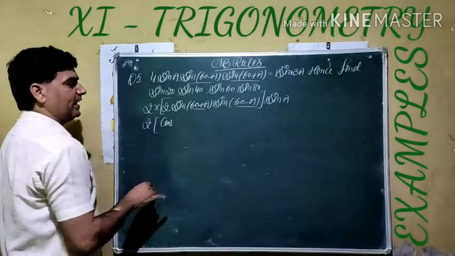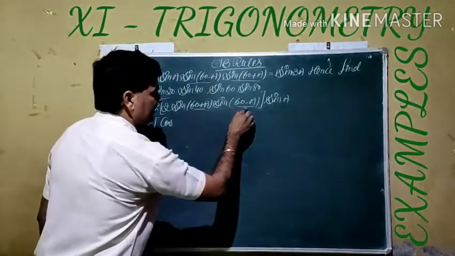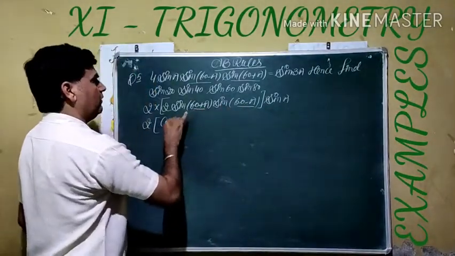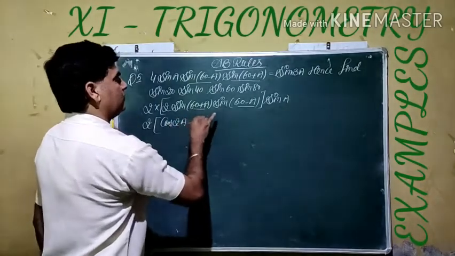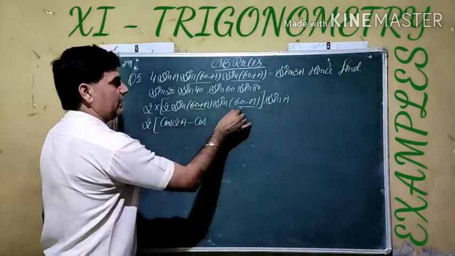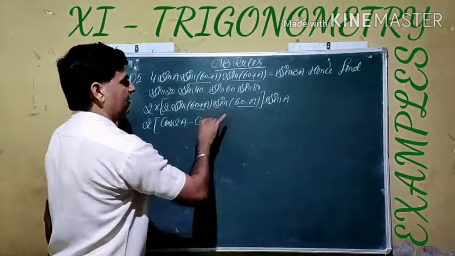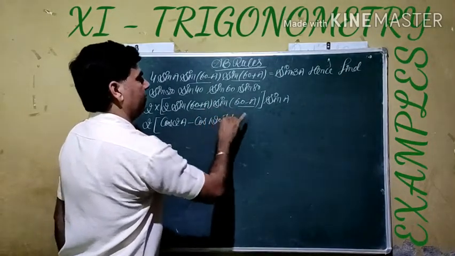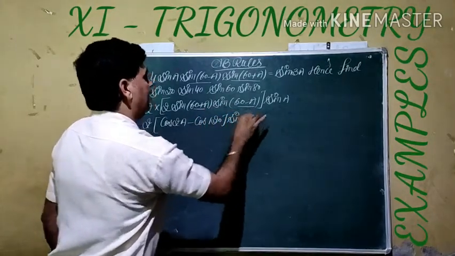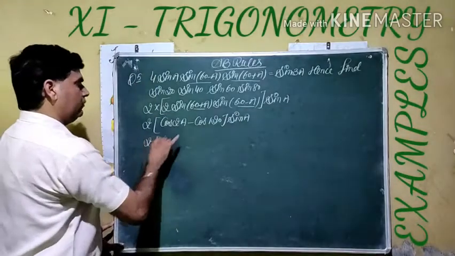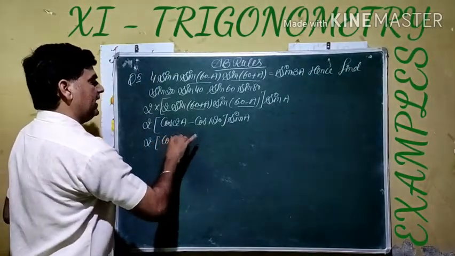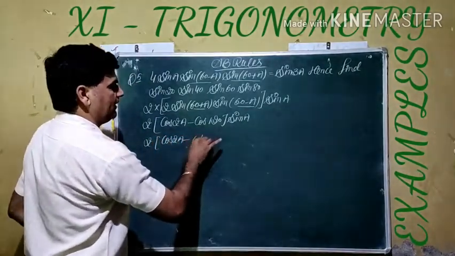If we subtract, the 60 cancels out and we get overall 2A. If we add, plus A minus A cancels out, and we get 120 with sin A. And the value of cos 120, we know, is −1/2.